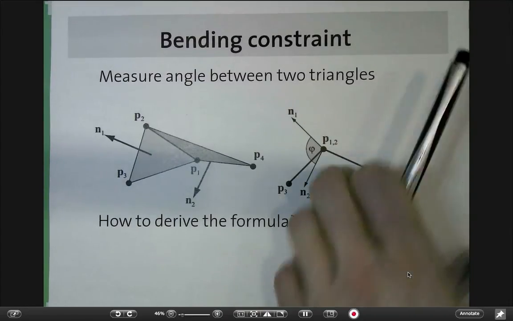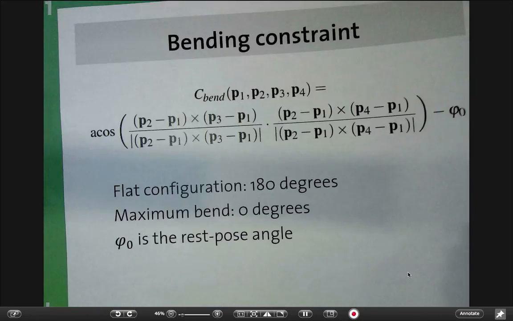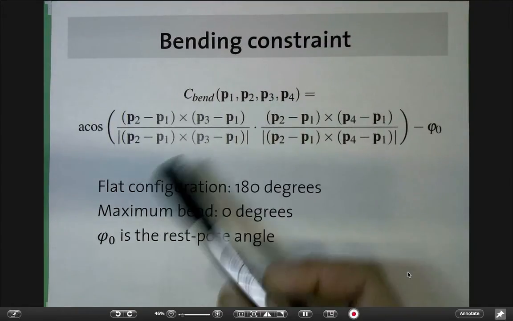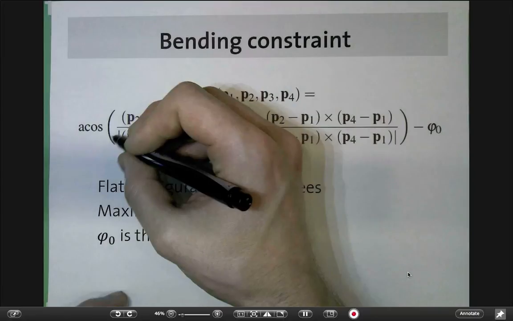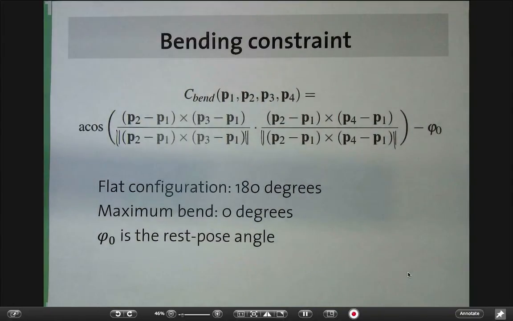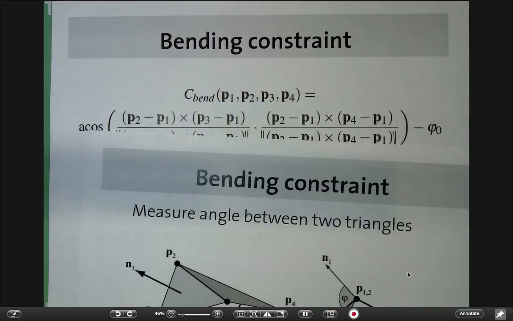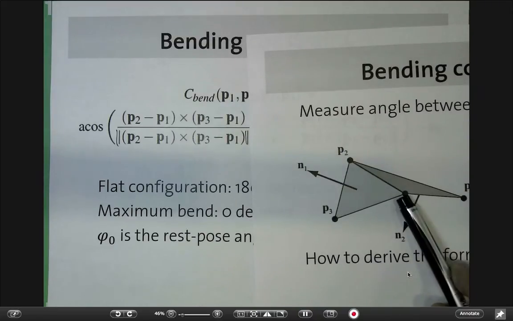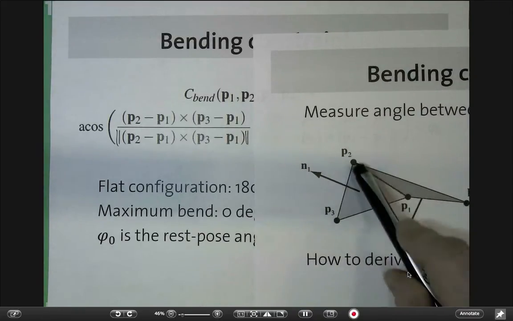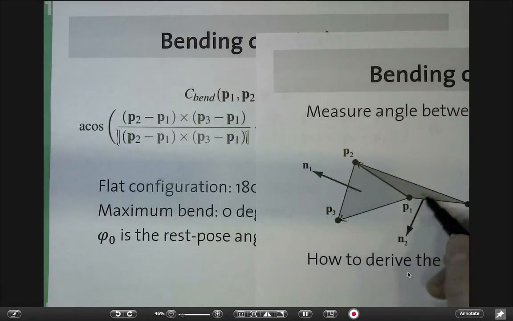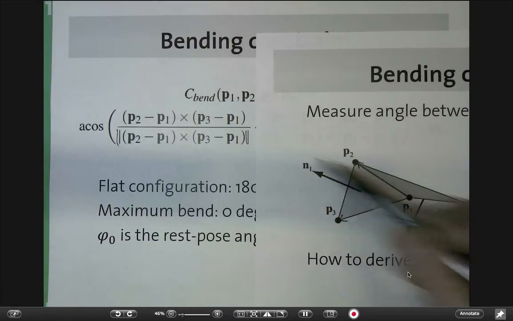And here is the formula. It looks scary, but there is really nothing special going on there. I decide that P1 is going to be my point of reference, and I do P2 minus P1, that's this vector, and P3 minus P1, and I do their cross product and normalize it.